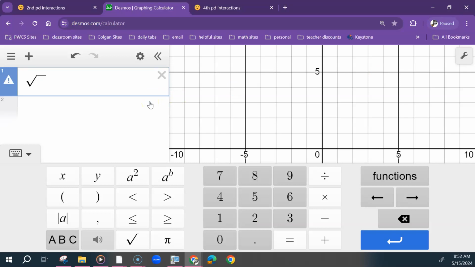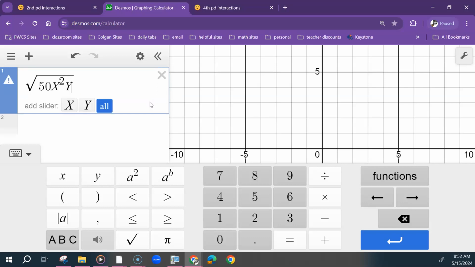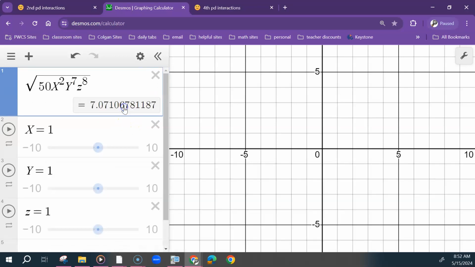Make sure you capitalize the X and Y here. Add in all your sliders.